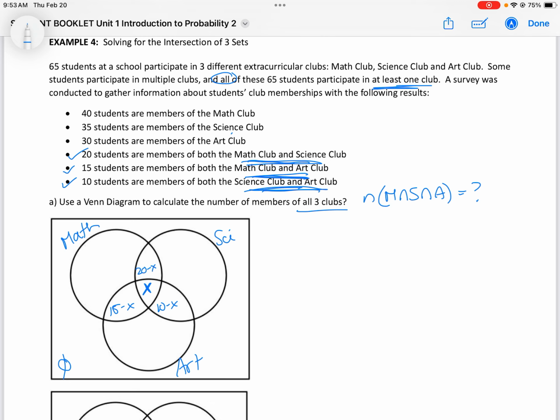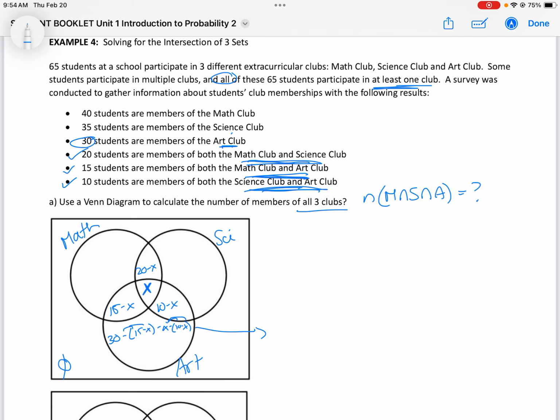Okay, now this is where it gets a little bit more tricky. So for the art club, we have 30 students. So 30. But we already took into account 15 minus X. We already took into account X. And we already took into account 10 minus X. We have to bracket the 15 minus X and the 10 minus X, and then distribute that negative sign into the bracket.